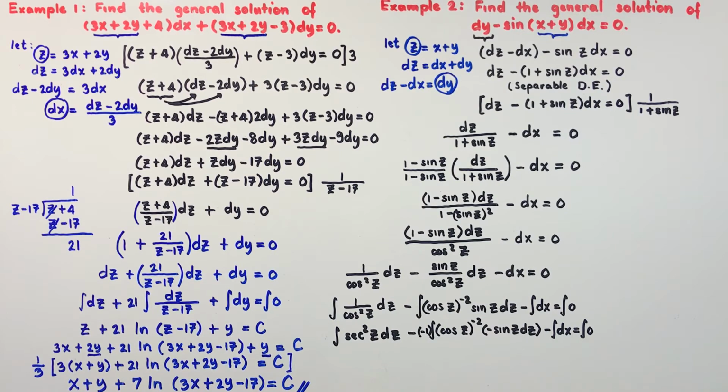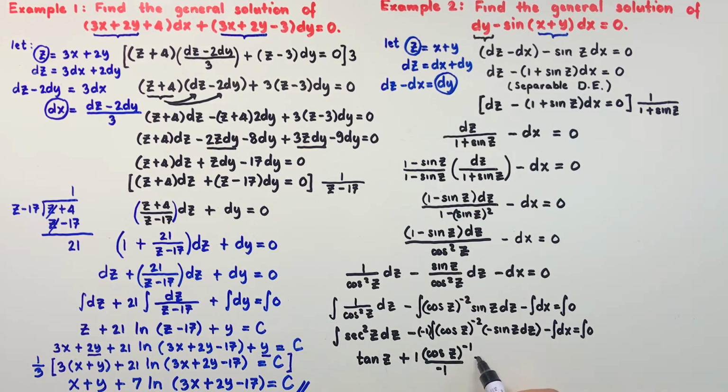Now, we can integrate them one by one. We know from your previous calculus that the integral of secant squared is tangent z, and this is plus 1 times the integral of cosine z to the negative 2, which is cosine z to the power negative 1 over the negative 1 using the power rule.